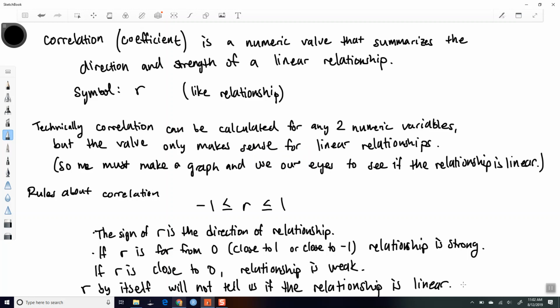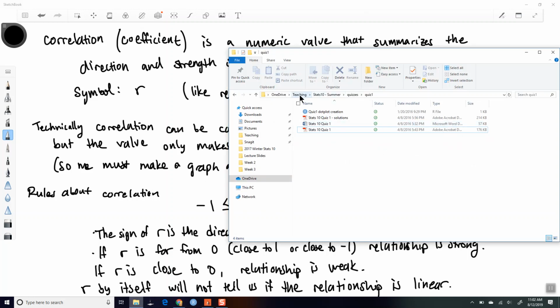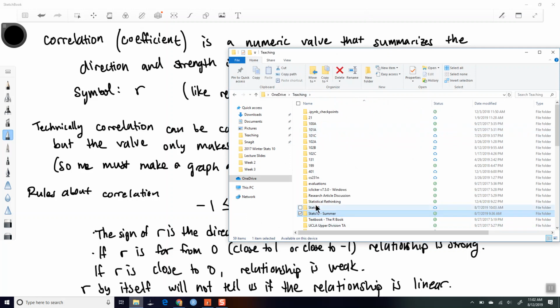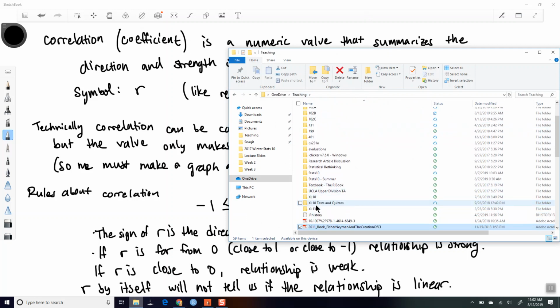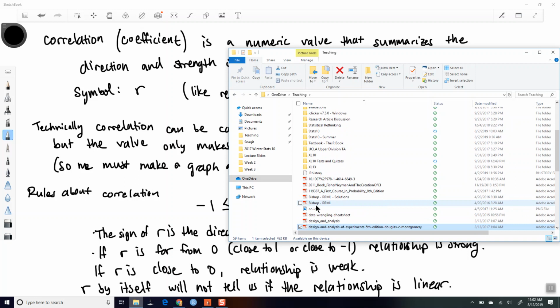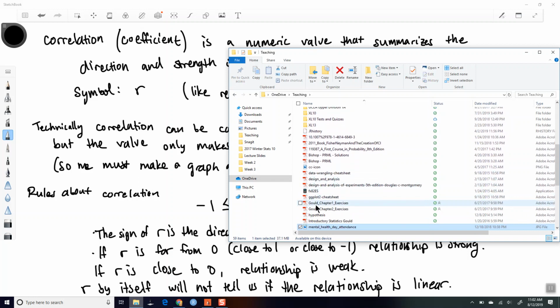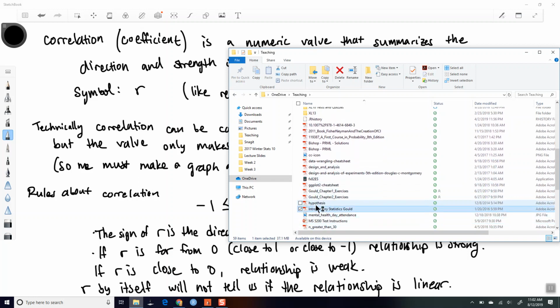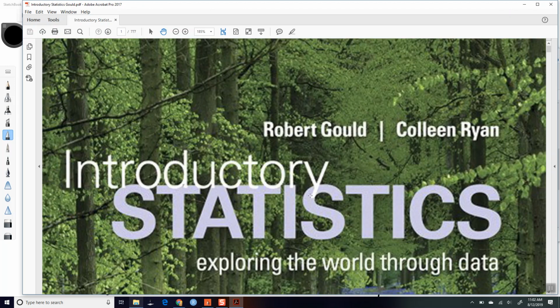So I'm going to just cheat and use examples from the textbook that show us, and we'll find out what page this is on.